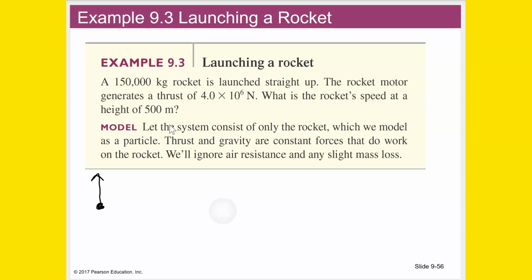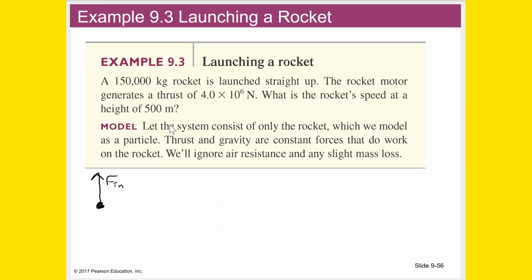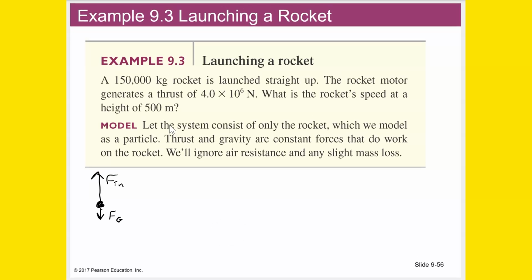We would have that force of thrust, and we would have this force of gravity, and we would have figured out the net force, or the sum of the forces. The y direction would give us something, and it would be equal to MA, and we'd figure out what A is based on that.